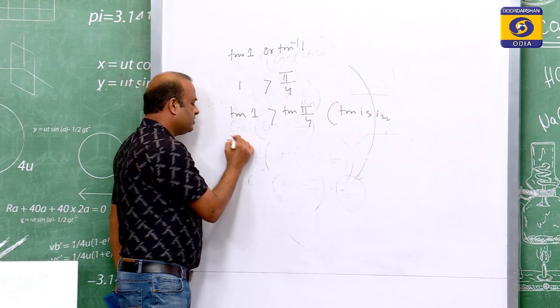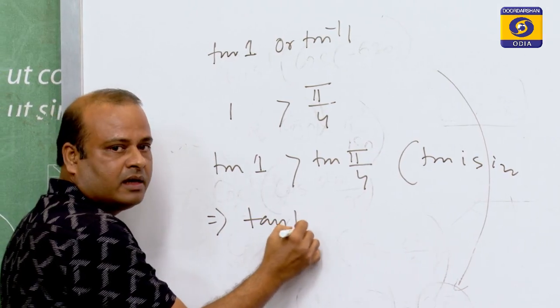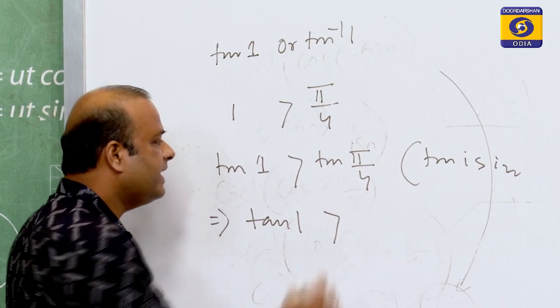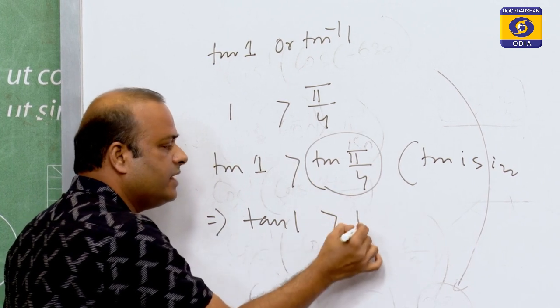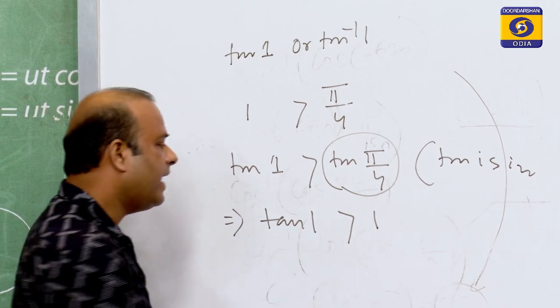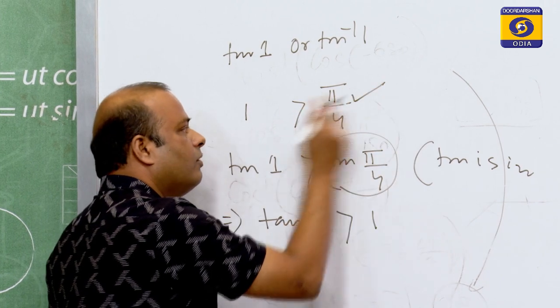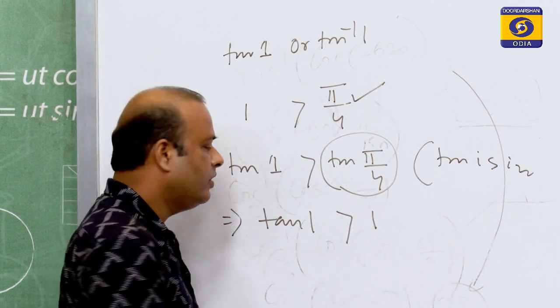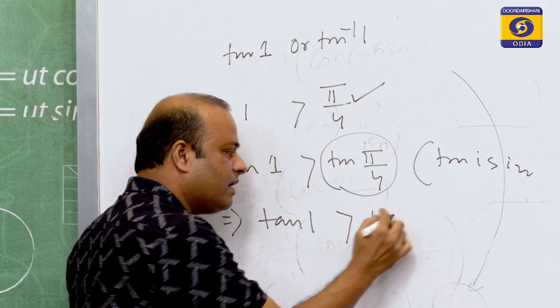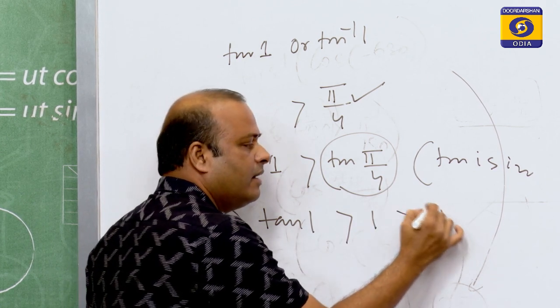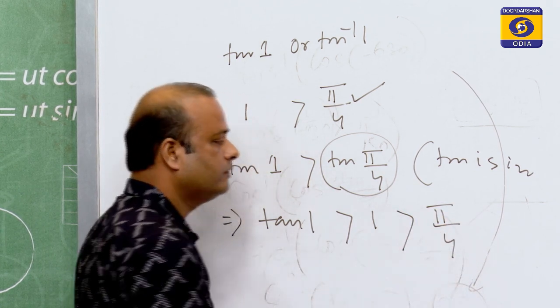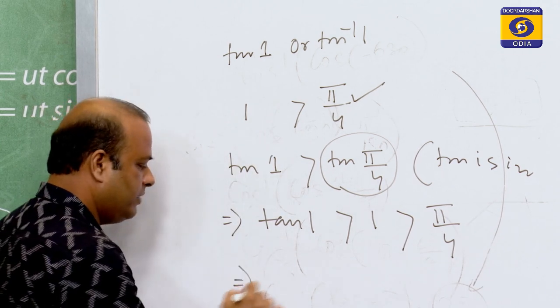So, this implies tan 1 is greater than tan pi by 4, which is 1, and 1 is greater than pi by 4. So, what do you get?